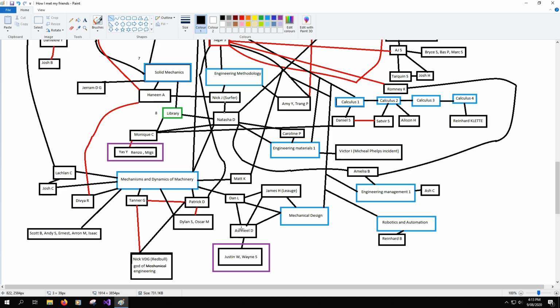So in first place, I guess they're tied because they both come in at 10 steps. So we have Yazwai, Renzo, and Migs. And then, so 8, 9, 10, they are tied. So Justin W and Wayne S. So these are the 5 friends that took the longest to meet using the inverse Dijkstra algorithm.